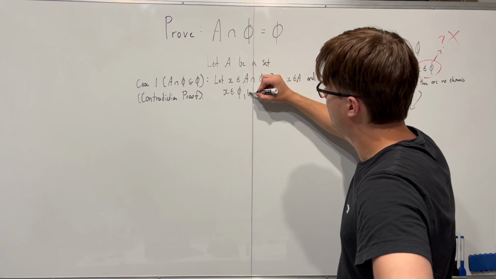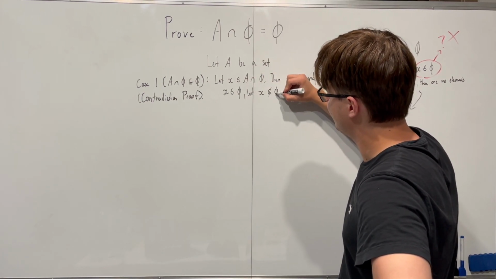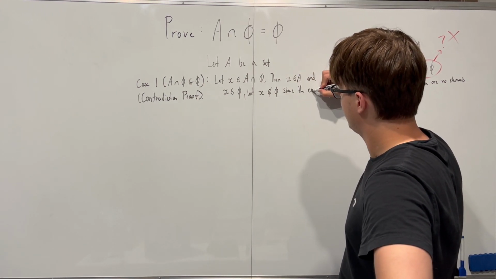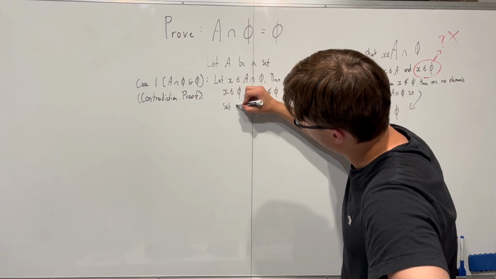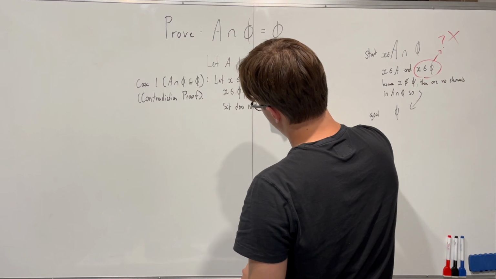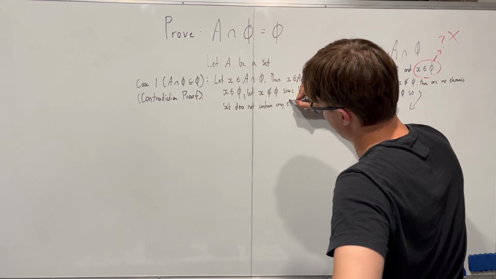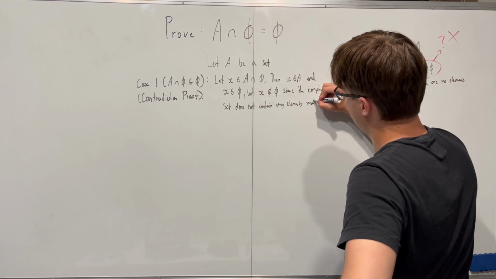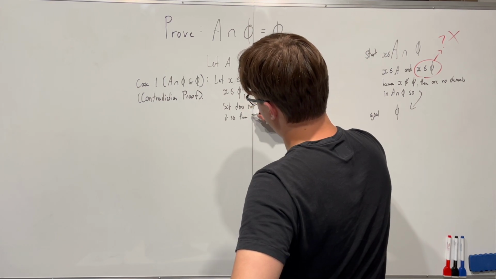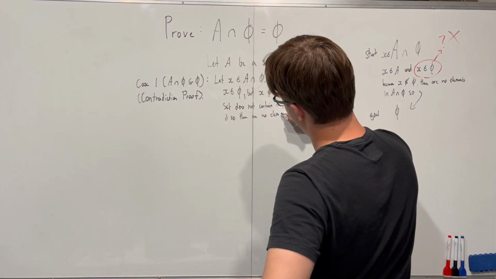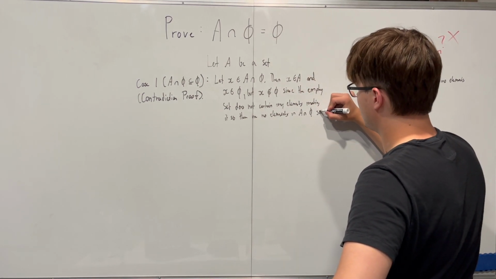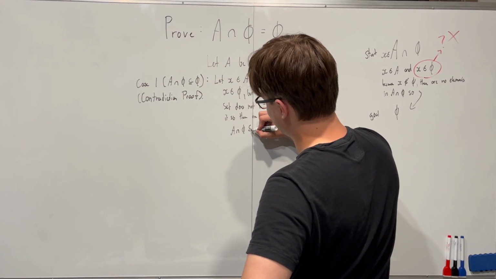Okay. But X cannot be an element of the empty set since the empty set does not contain any elements, making it so there are no elements in A intersection the empty set, so A intersection with the empty set is going to be a subset of the empty set.